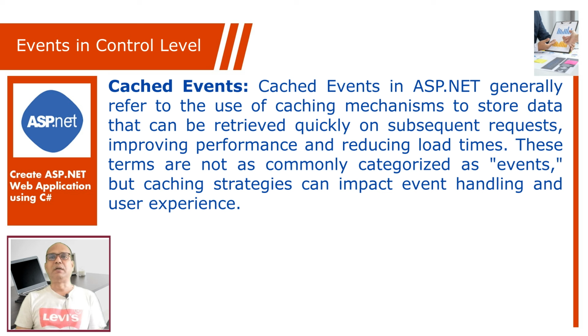These terms are not as commonly categorized as events, but caching strategies can impact event handling and user experience. In simply, we can say that cached events, though not commonly defined as events, relate to caching strategies that improve performance by storing reusable data.